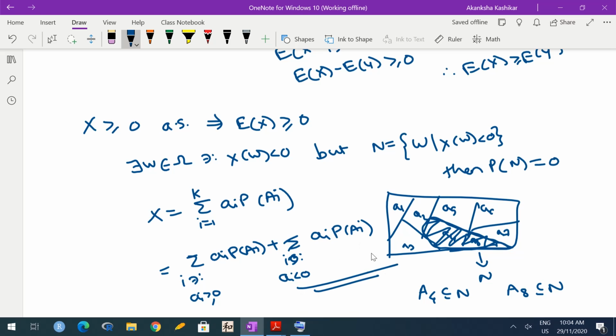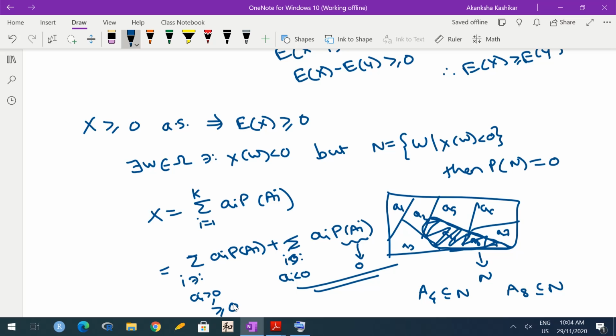Now in this second part, the probabilities of Ai are 0 because they are coming from a set which has probability 0. So this part would have 0 contribution, and on the first part Ai's are greater than or equal to 0, and probabilities are always greater than or equal to 0, so the total is greater than or equal to 0. Hence, if X is greater than or equal to 0 almost surely, then expected X is also greater than or equal to 0.